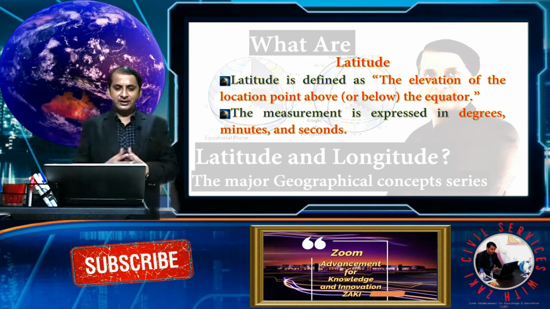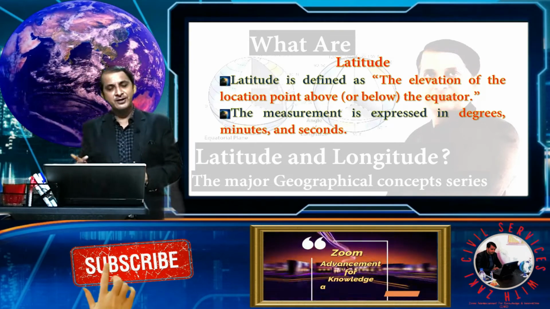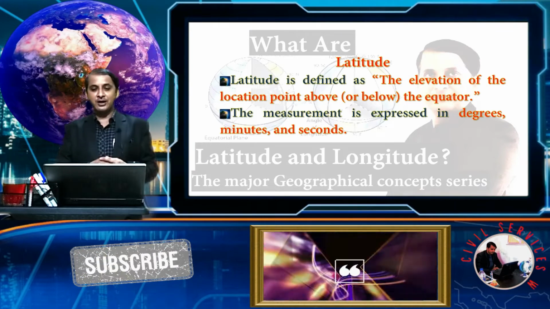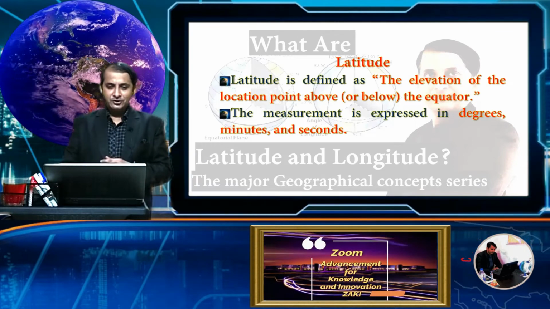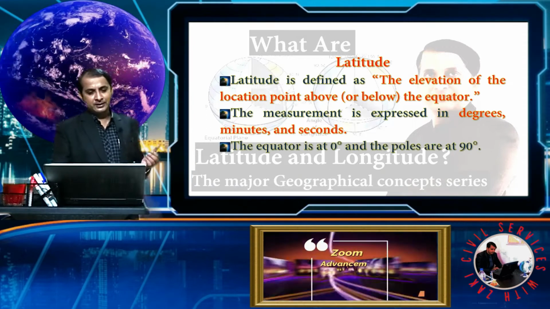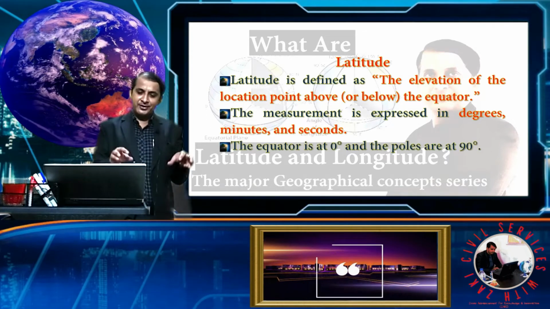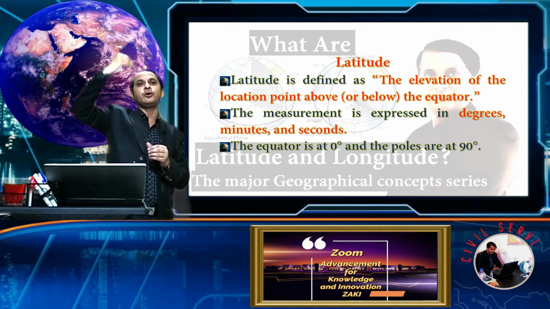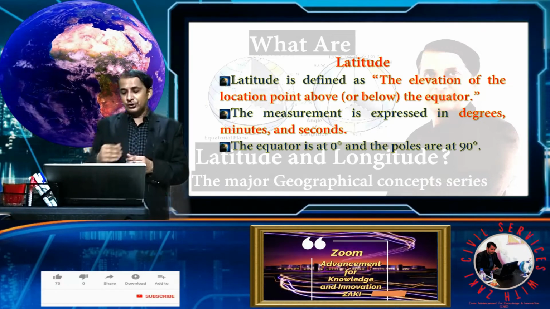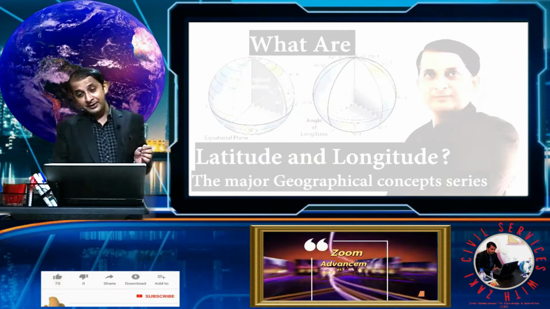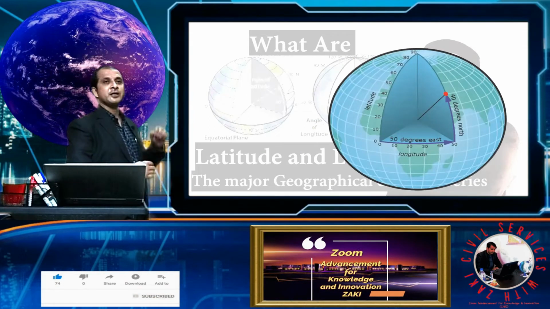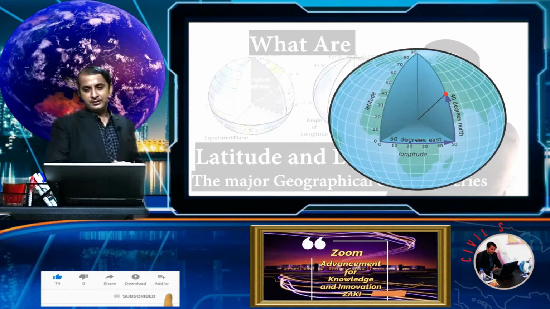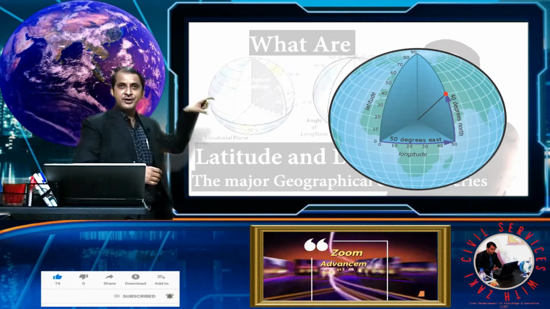The measurement is expressed in degrees, minutes and seconds. At the equator it is 0, at the pole it is 90.